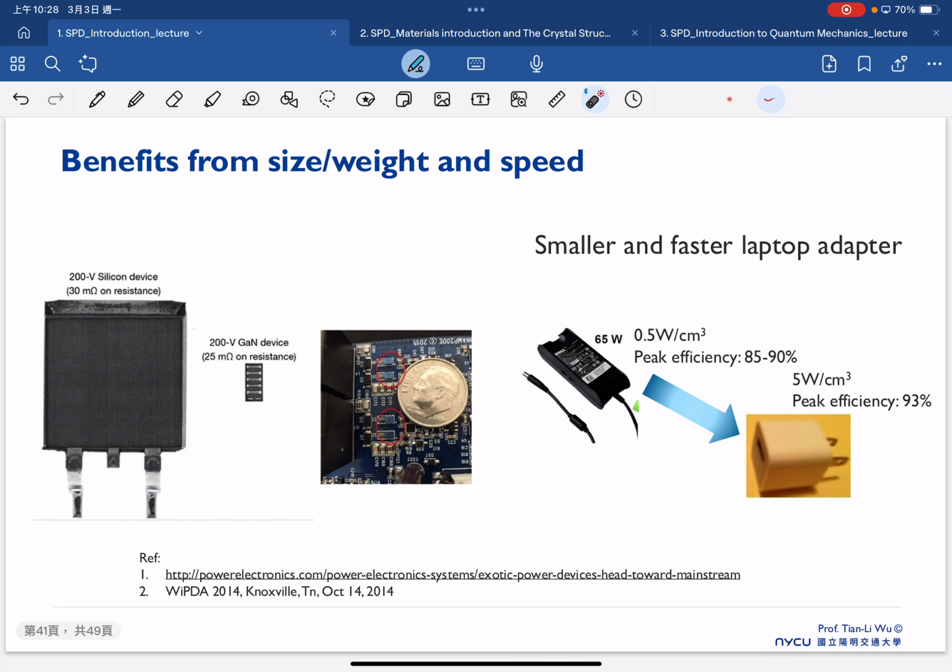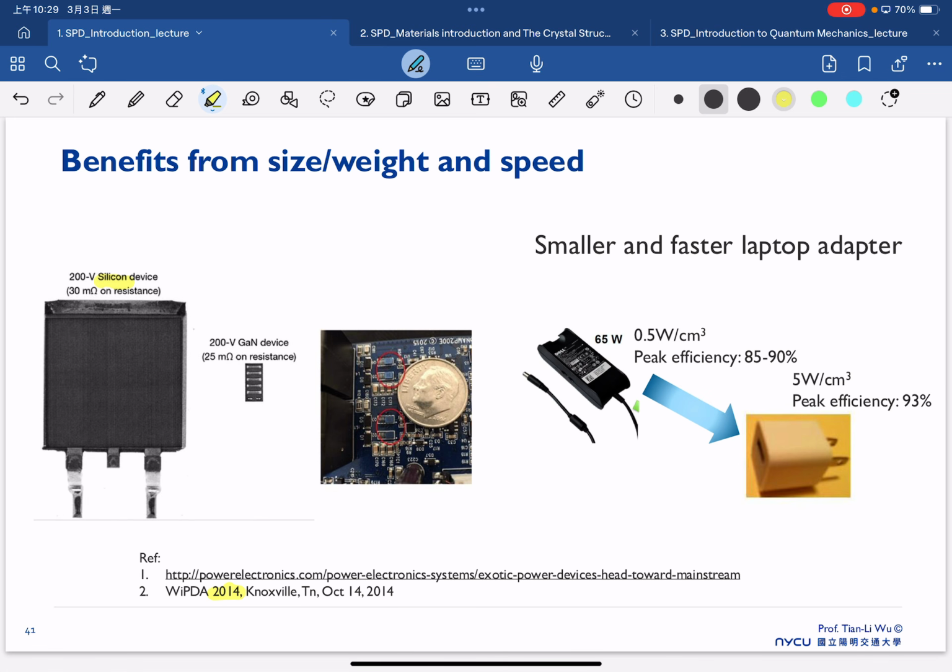So by using the new semiconductor material, we actually have some additional benefits that are beyond your imagination. This is one very successful example. This is a literature example coming from 2014. You can see at the moment it's a demonstration of a silicon device operating at 200 volt.